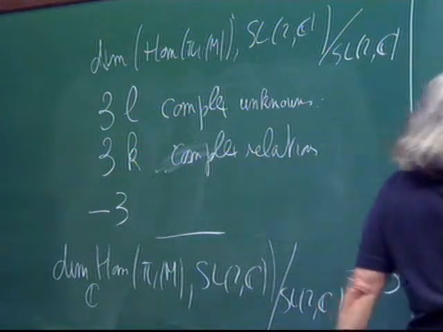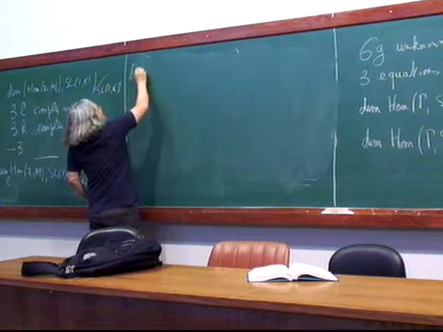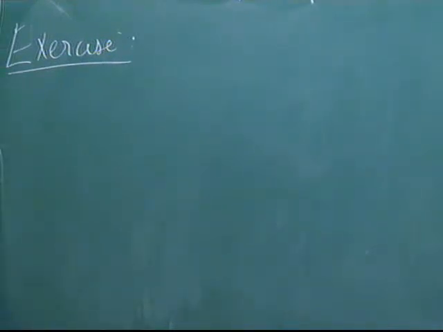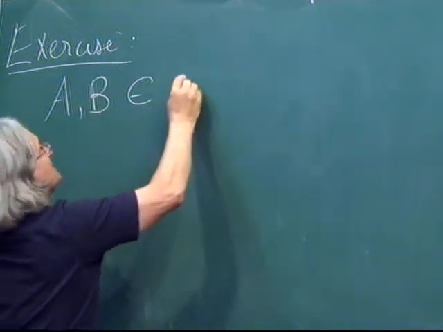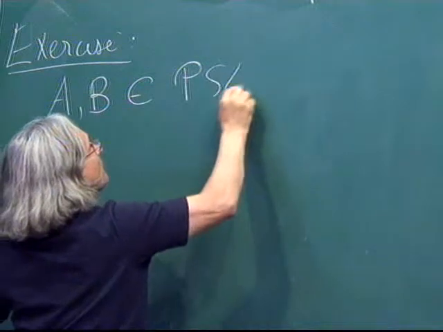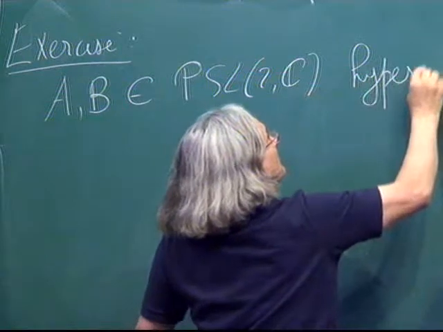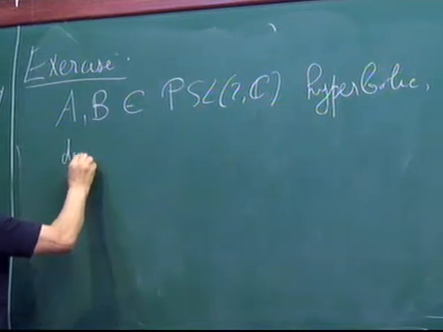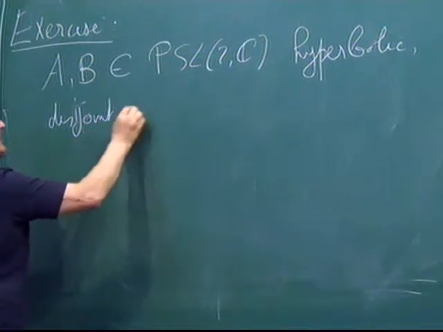And this is an exercise. I like this exercise. In hyperbolic geometry, suppose you have two, let's say A and B, two elements in PSL2C. Suppose they are hyperbolic and with distinct, disjoint axes.